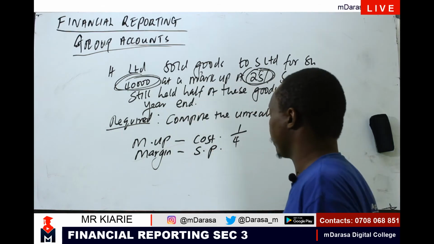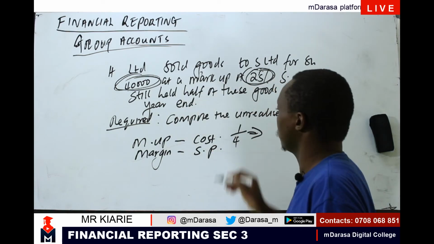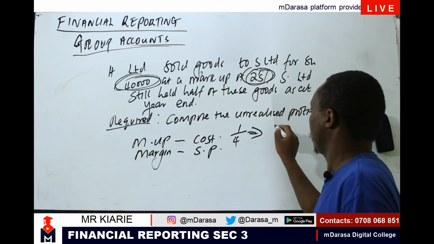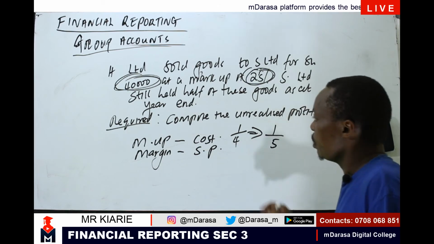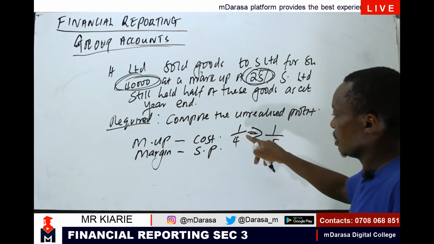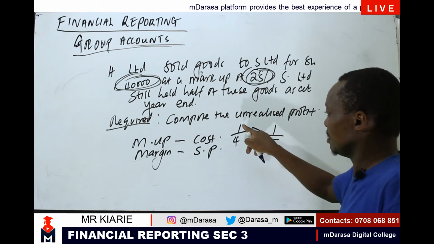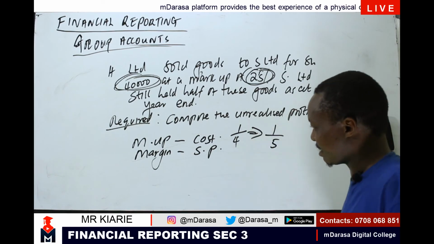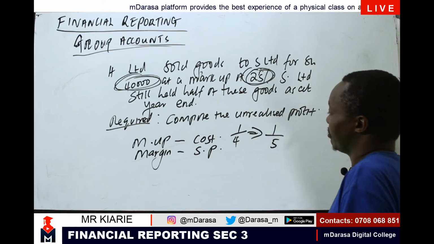It is still markup, so to change it to margin, you add the numerator to the denominator. So it is 1 over 5.